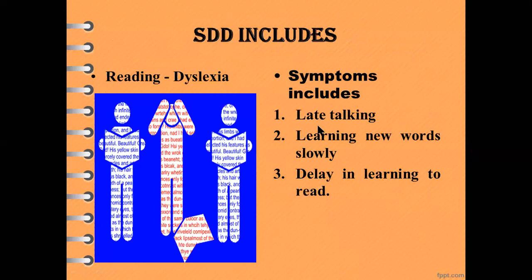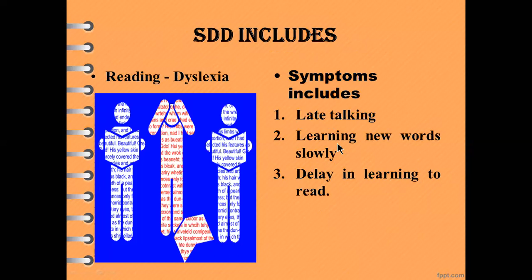The child will not develop talking at the correct time. As a result, learning new words takes time, and the child will have delay in reading the book and notes. So dyslexia is difficulty in learning. Remember the movie Tare Zamin Par and its character.